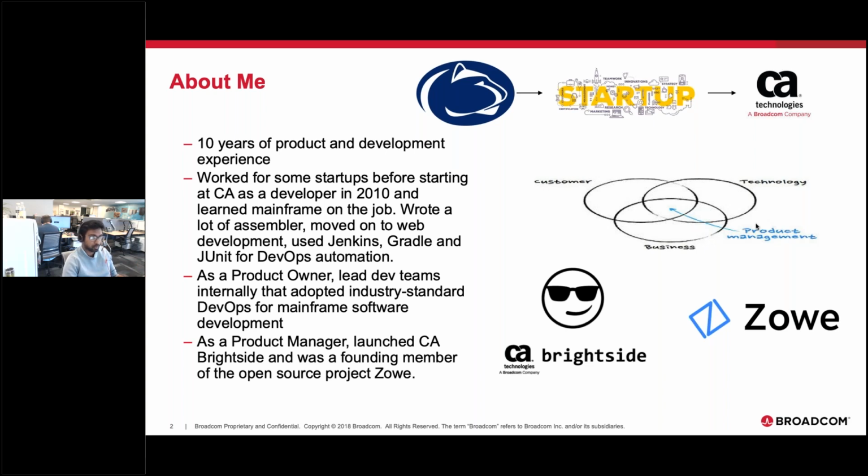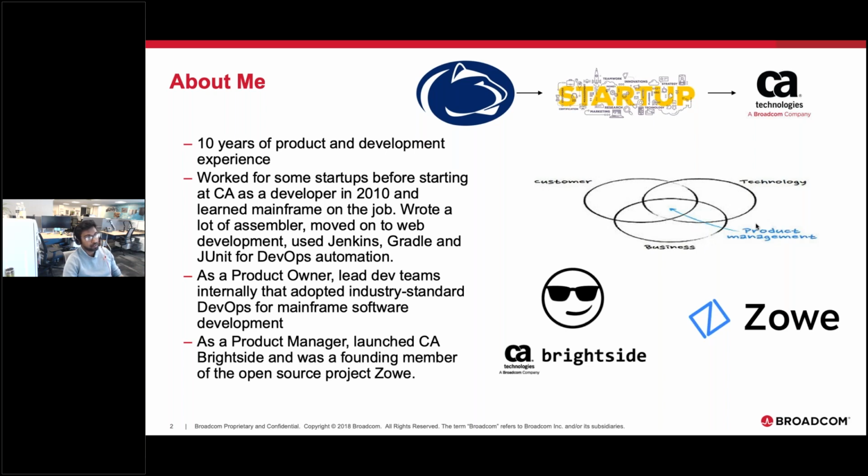From there, I went on to start leading some development teams as a product owner, which is an Agile role that helps us communicate requirements into a team. I was lucky that I had a couple of teams who were very keen on adopting industry standard DevOps principles and applying that to mainframe software development. From there, we came up with some internal tools that really helped us push the needle on doing mainframe DevOps.